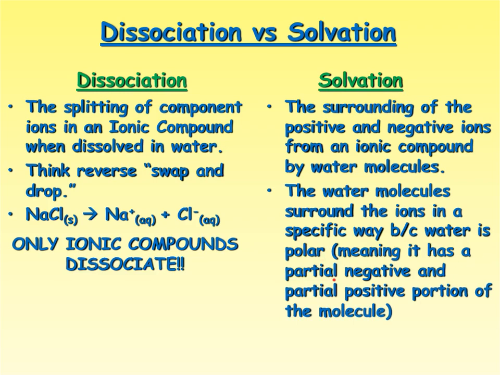Polar means it has a partial negative and partial positive portion of the molecule. Now, I do want to point out that other things can experience solvation besides ions or ionic compounds. For example, sugar or sucrose is a polar molecule. So water molecules, which are also polar, will surround sugar molecules, but sugar molecules do not dissociate.